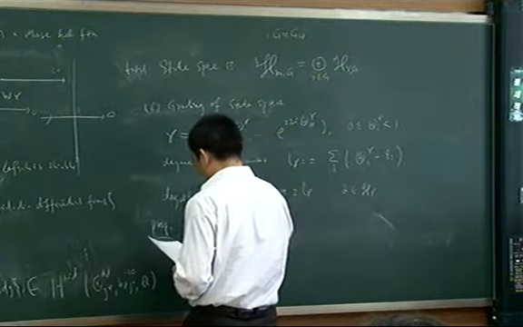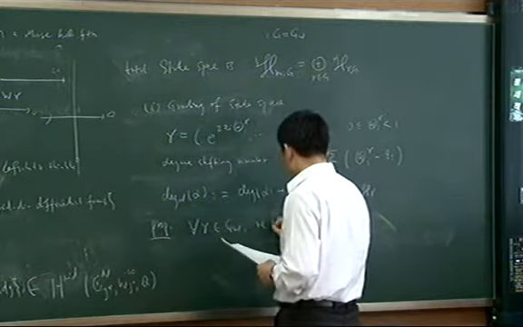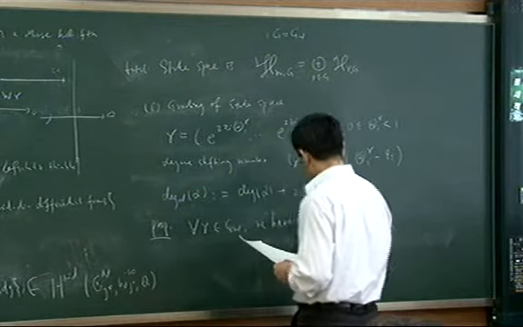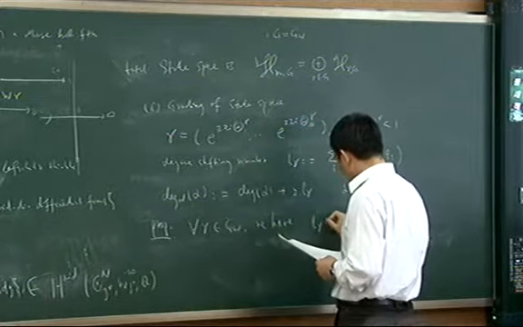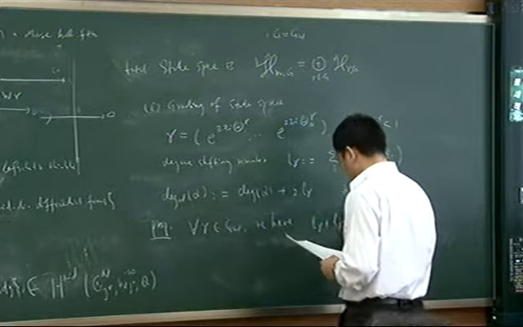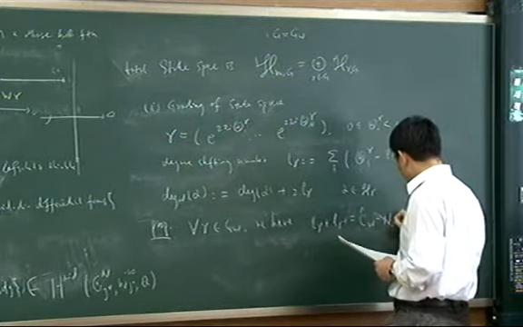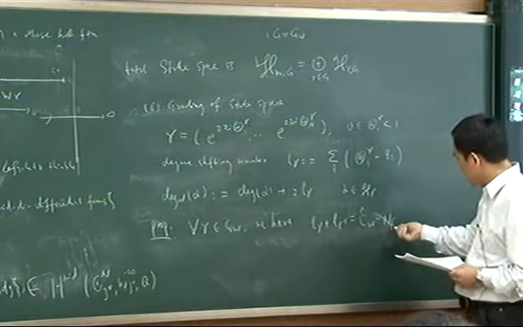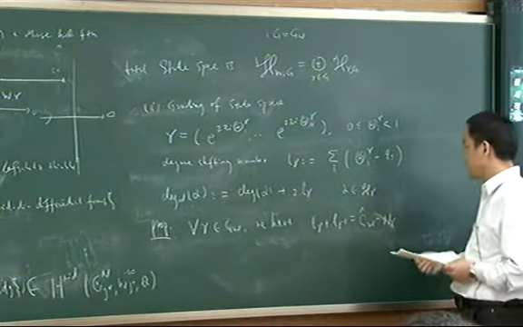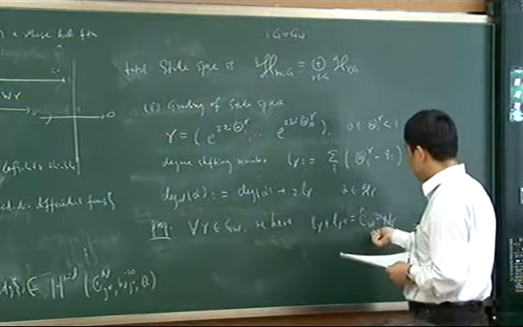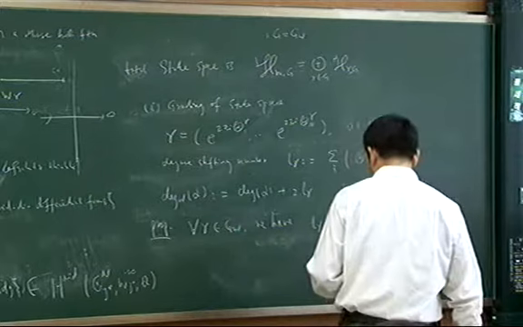For any gamma in GW, we have eta gamma plus eta gamma minus equals C hat W minus n gamma. So n gamma is the dimension of the space of fixed points, and C hat W is the central charge of W. So this is the relation.